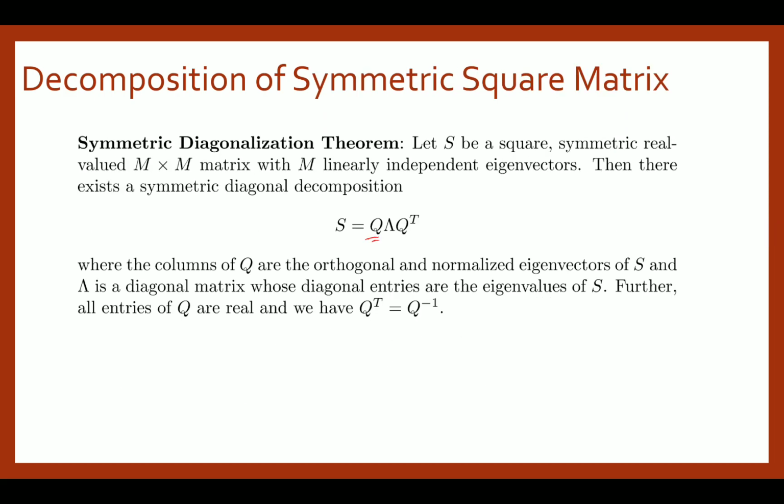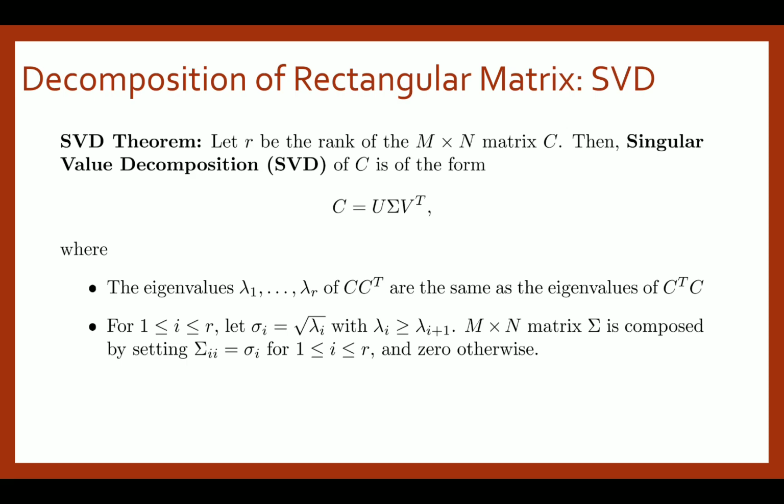Although we are not going to use these two decompositions, they are important diagonalization theorems and have multiple applications in machine learning. Now what we are interested in is the SVD theorem, which is the decomposition of a rectangular matrix.